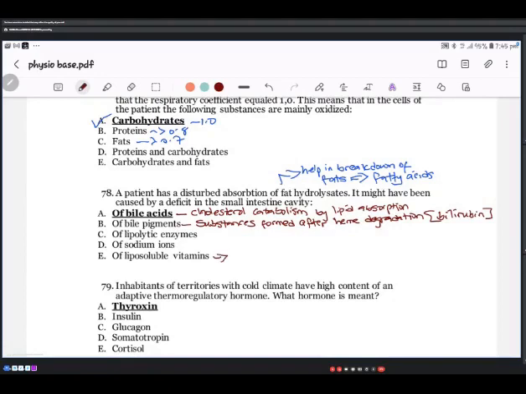Liposoluble vitamins. These are just vitamins that can dissolve in fats. Lipolytic enzymes.